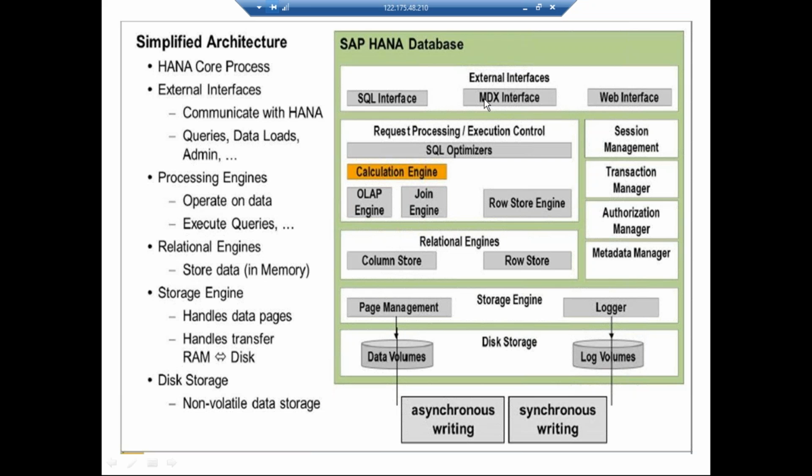In such cases, the external interface used by this database is the MDX interface, which we can easily understand: multi-dimensional expression, MDX interface. Generally that MDX interface is used in the case of reporting.